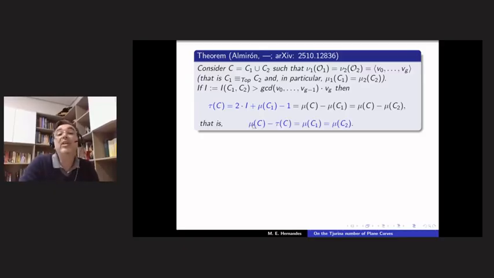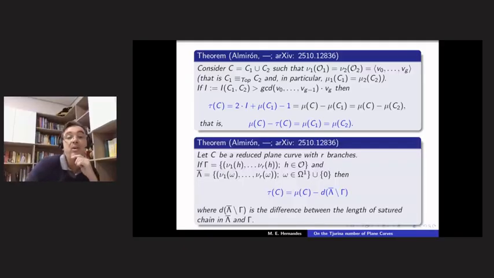So the difference of the Milnor number and the Tjurina number is constant and equal to the Milnor number of some of the branches.